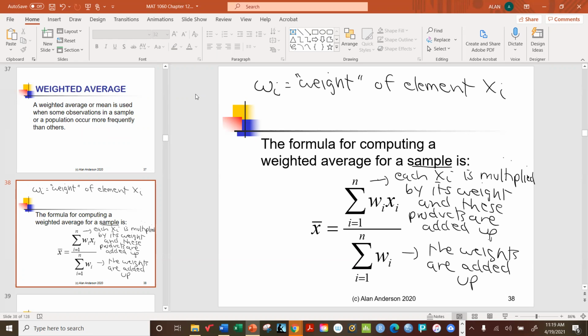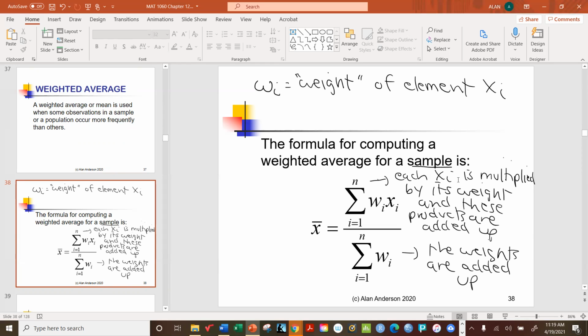We'll explain what the weights mean in a few minutes. But the important detail is that each element in our sample now has associated with it something called a weight, which basically refers to its relative importance in that sample. The weight represents the proportion or the importance of that element in the sample.